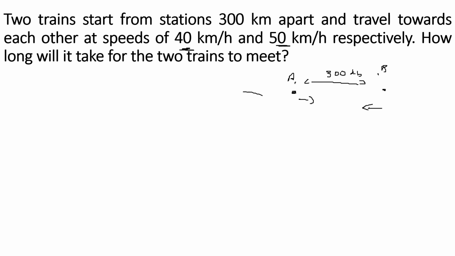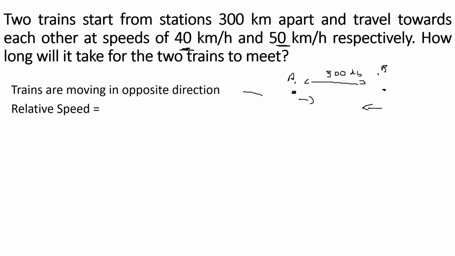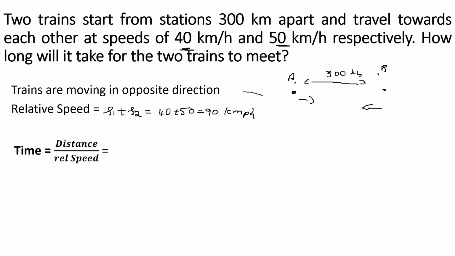Now, since the trains are moving in opposite directions, the relative speed will be S1 plus S2. So that will be 40 plus 50 is equal to 90 kilometer per hour. Time is equal to distance divided by relative speed. Now distance to be covered is how much? 300. Just to meet, not to cross each other.